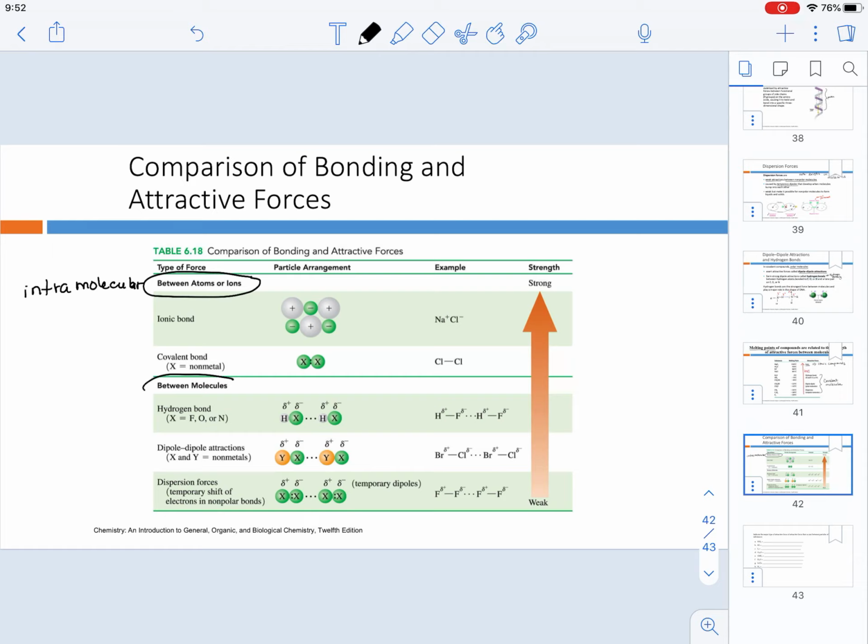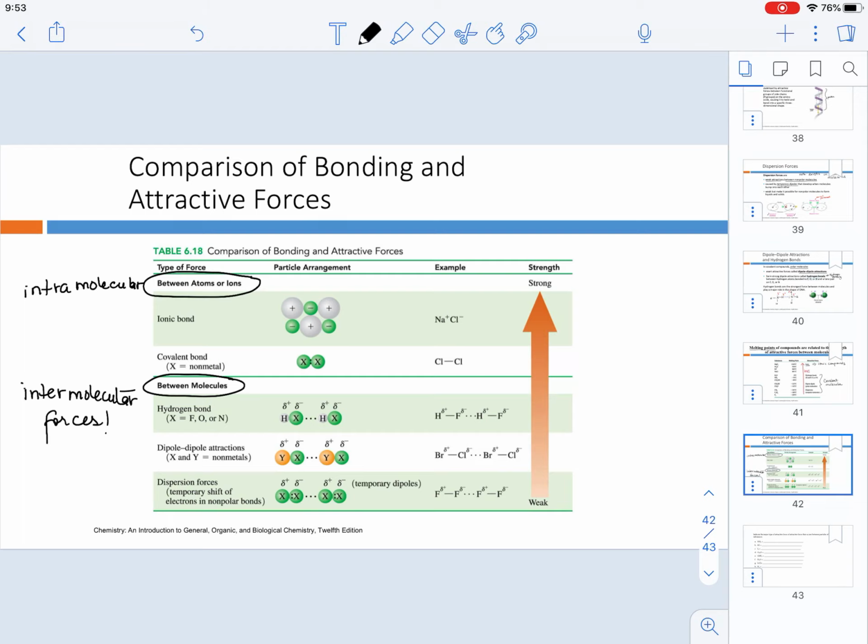In the bottom, when it talks about in between molecules, this is referring only to the covalent compounds, okay? And these are the attractive forces or intermolecular forces that I just mentioned. And again, the level of strength is the same arrow that I drew in the previous slide.